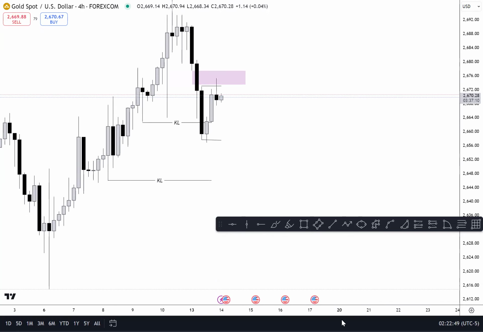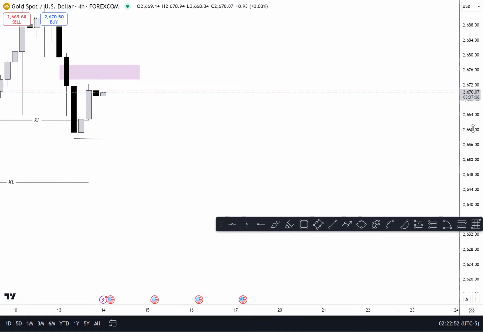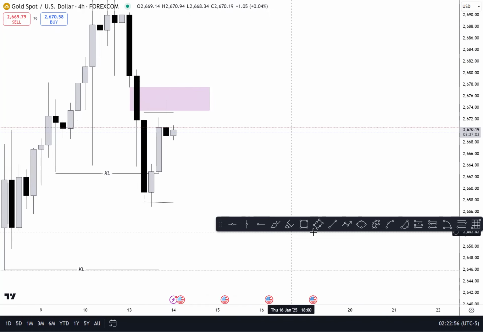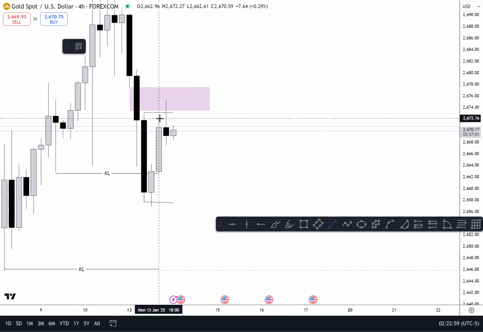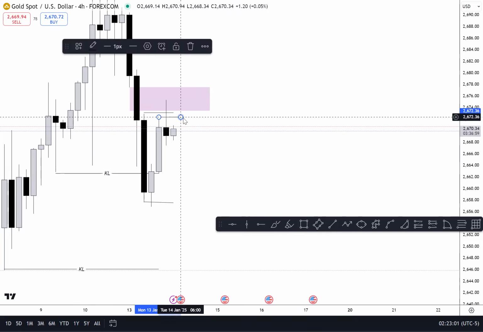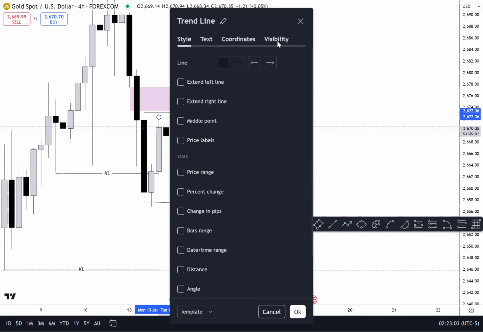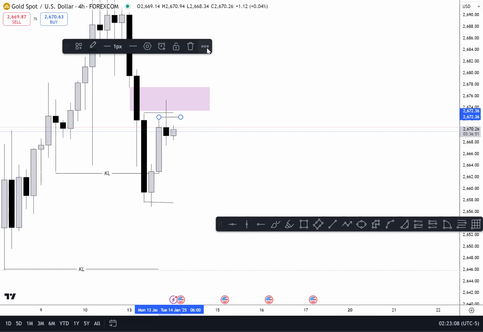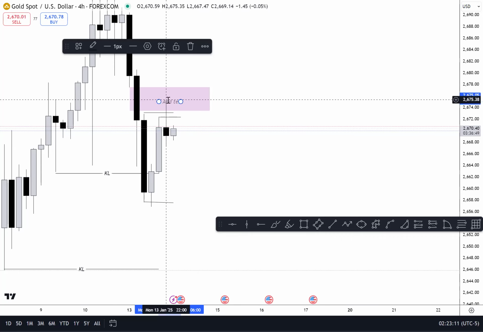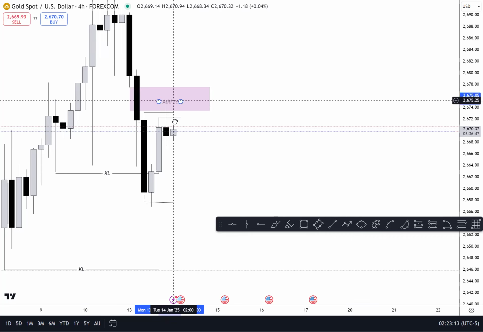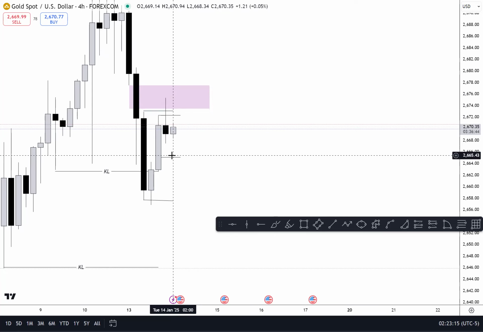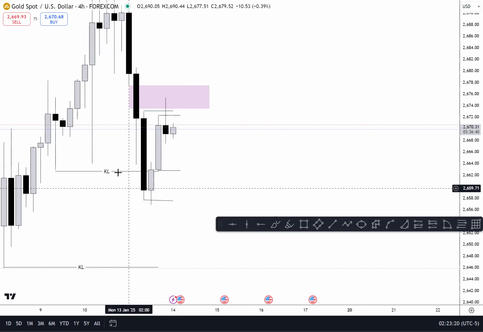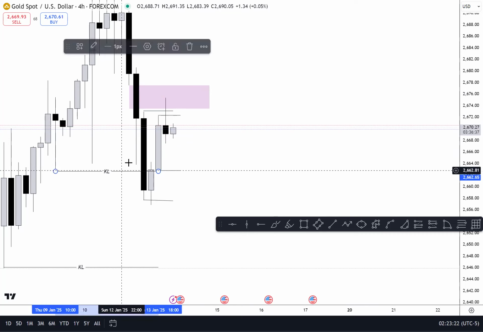So we are going to just quickly have this, sorry. So I can delete this key level.